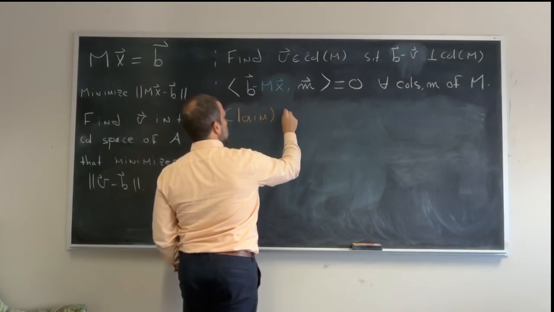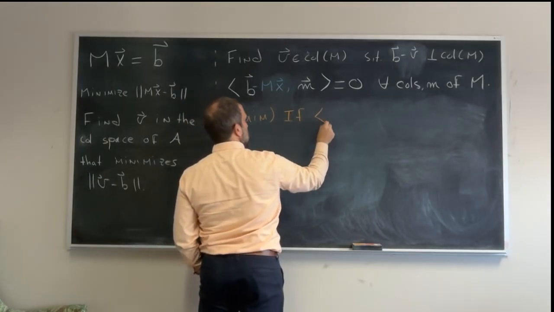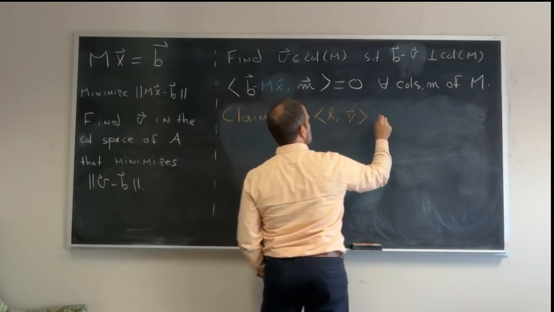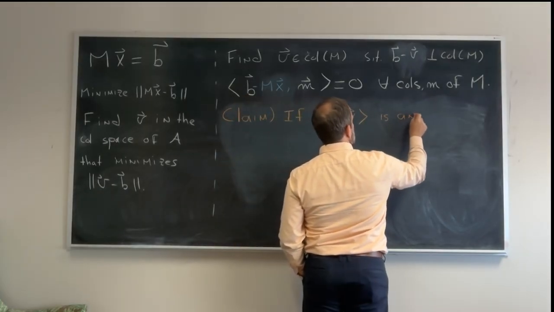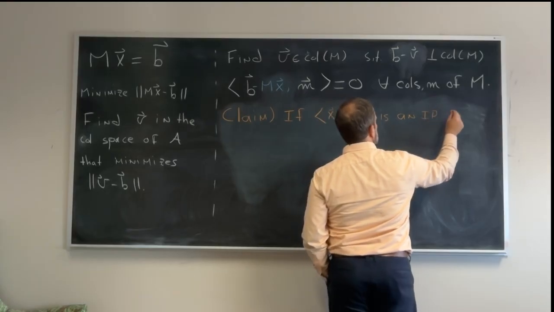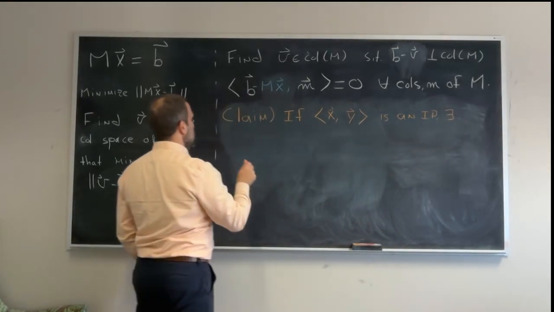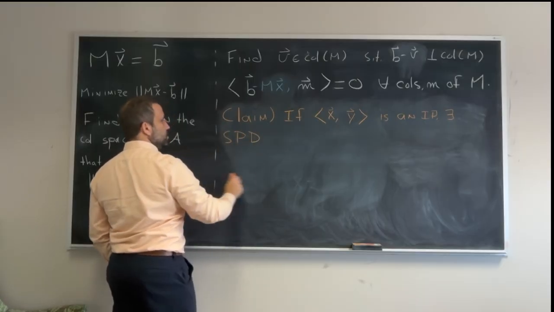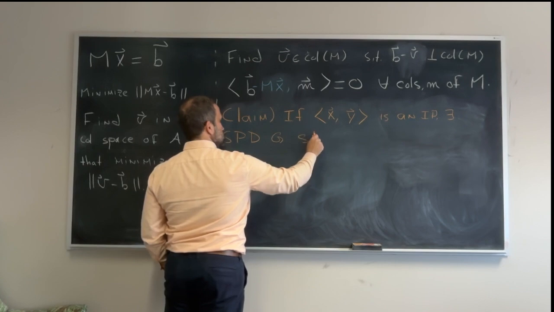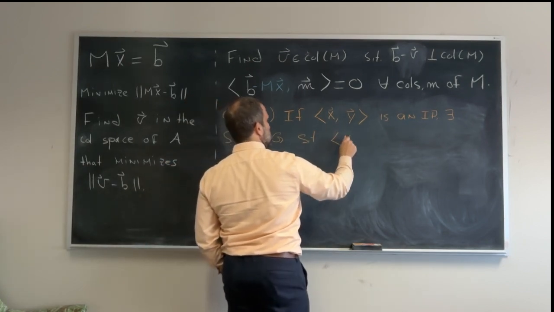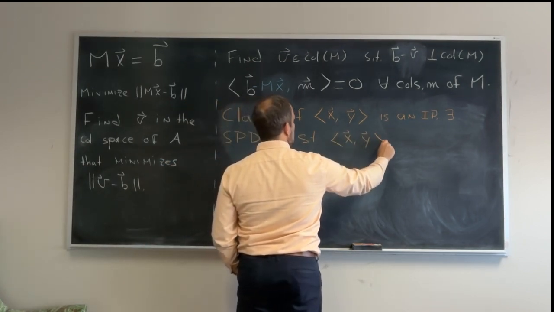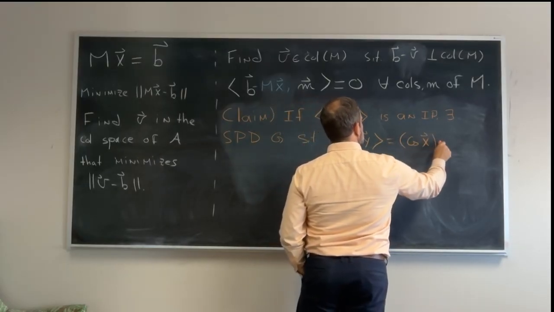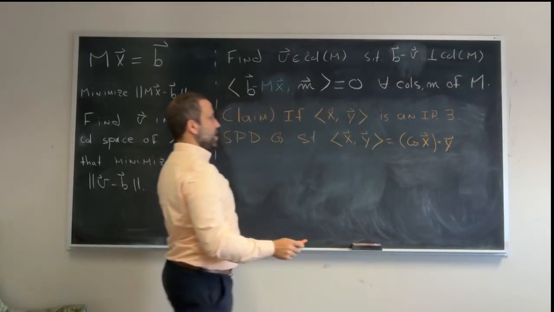Claim: if ⟨x, y⟩ is an inner product, there exists a symmetric positive definite matrix G such that this inner product ⟨x, y⟩ is equal to the standard dot product of Gx times y, like that.